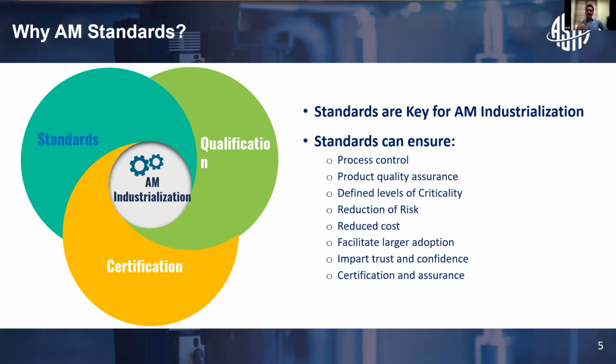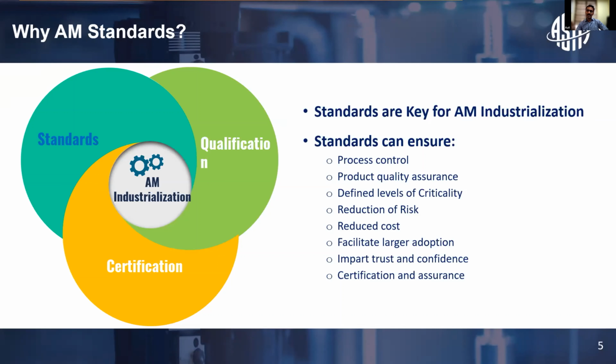And the final thing is performing certification and quality assurance. So ultimately, when you produce a part, it should be approved or accepted by a certifying organization or a third party or a neutral body to say that this part is good or this product is good. So in order for them to do that, they need some document, they need some guidance in performing that certification.